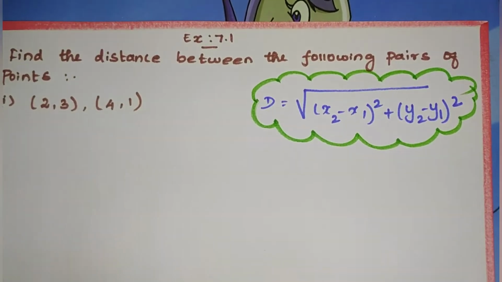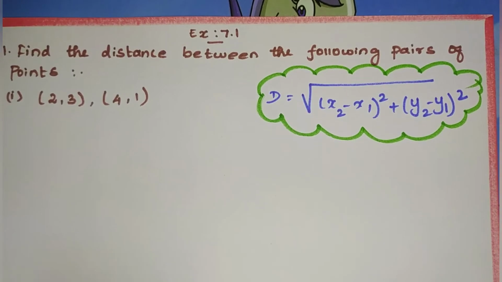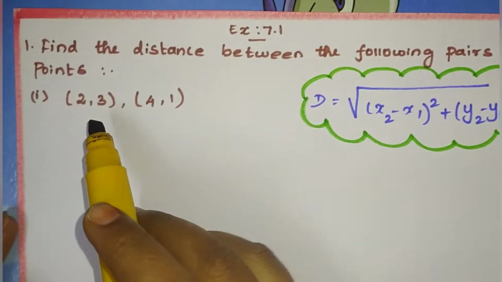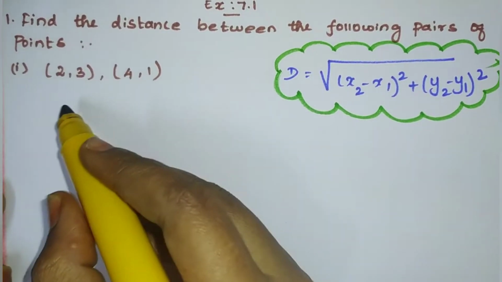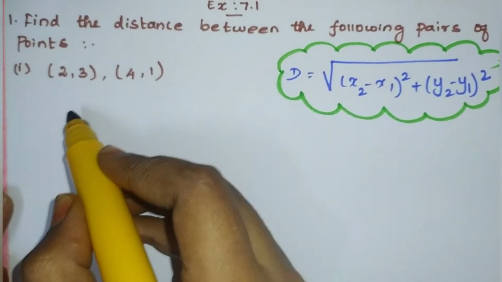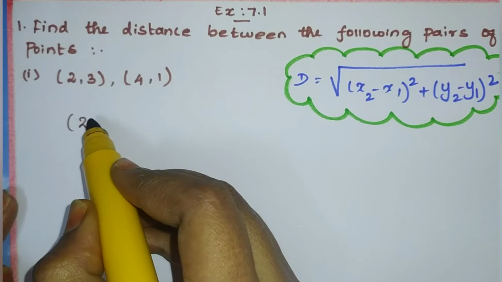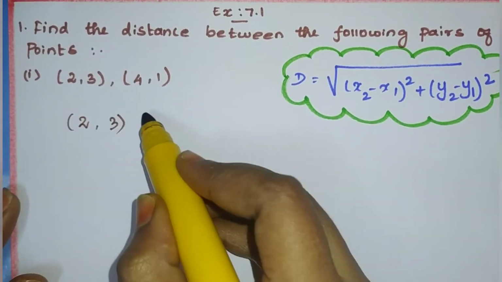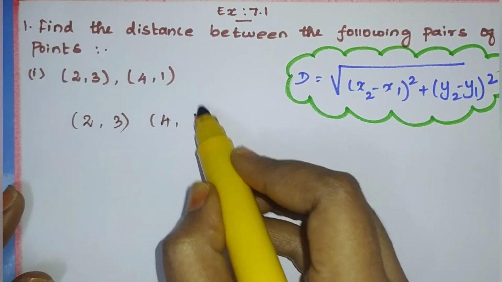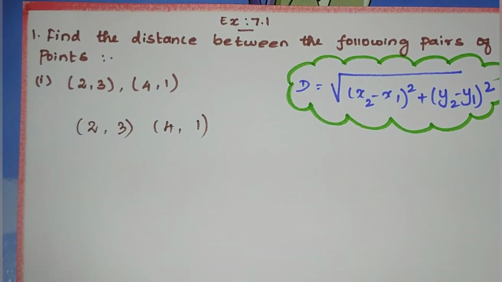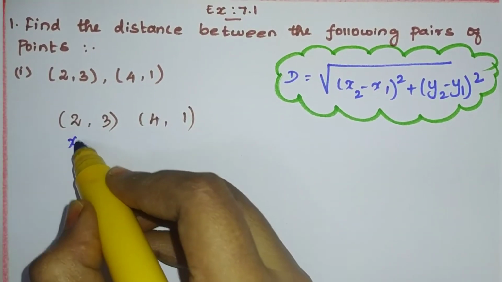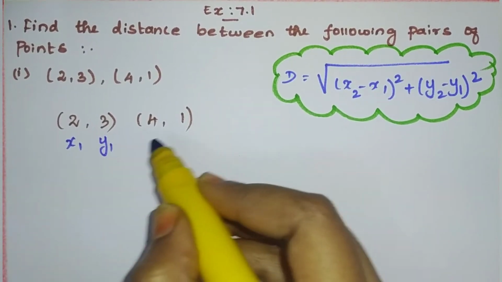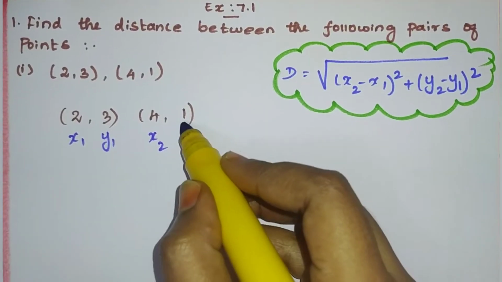So now I am going to find the distance between the 2 points. First you have to write the points 2, 3 and 4, 1. So this is x1, y1, x2, y2.